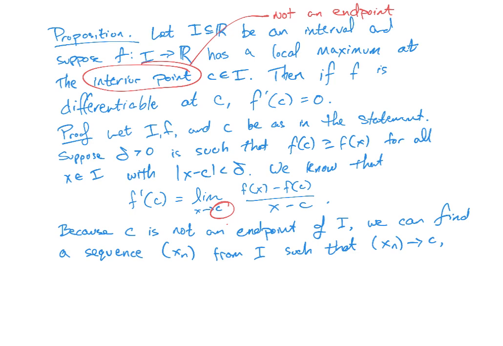So I want all of these things to be to the left of c, which means less than or equal to c. In fact, we want them all to be less than c. We don't want them to be equal to c.